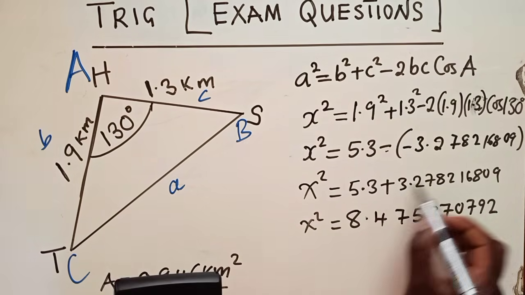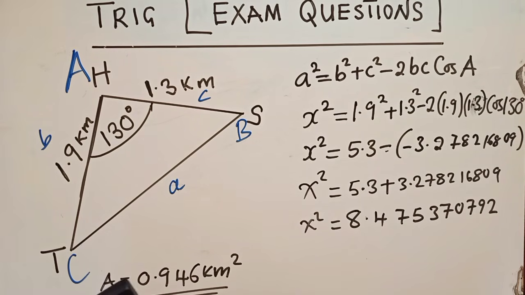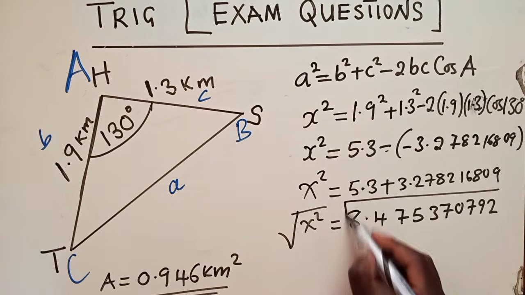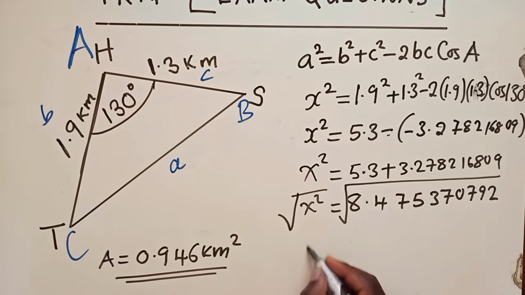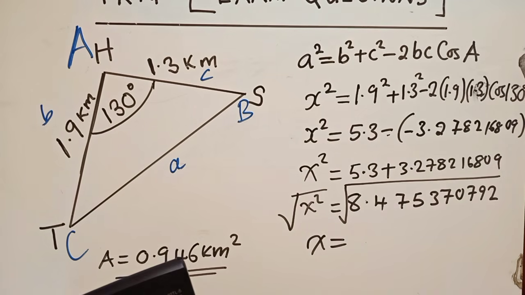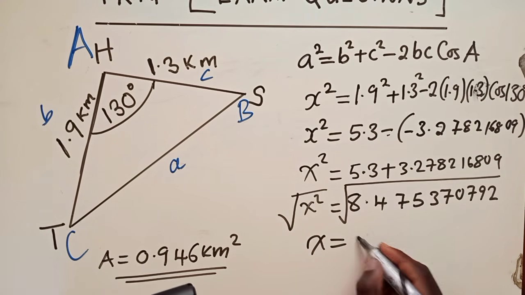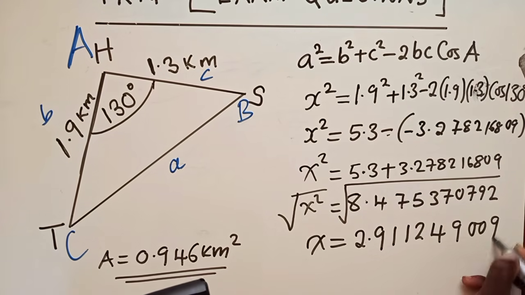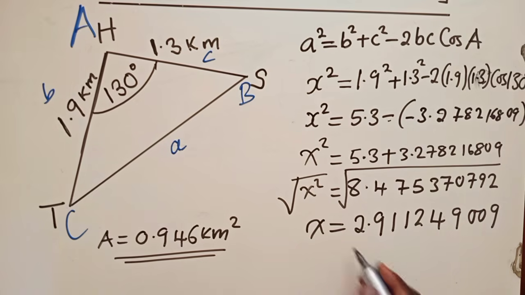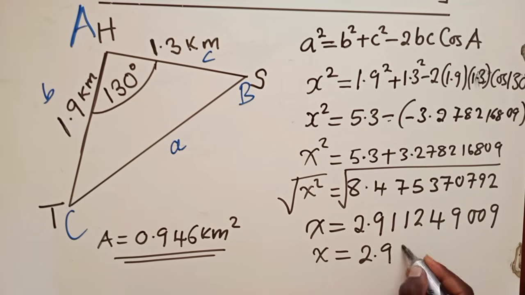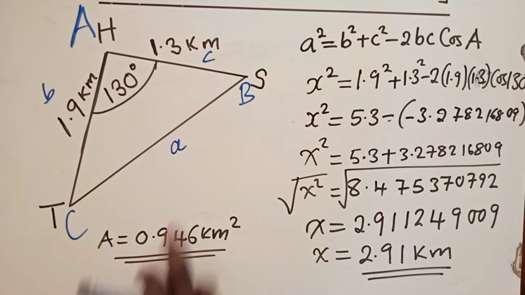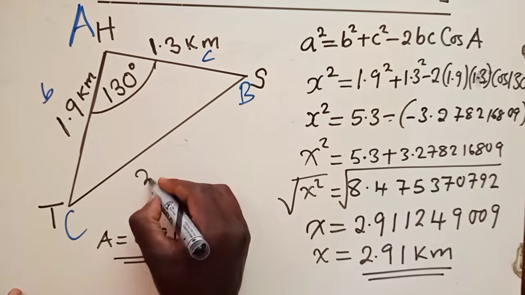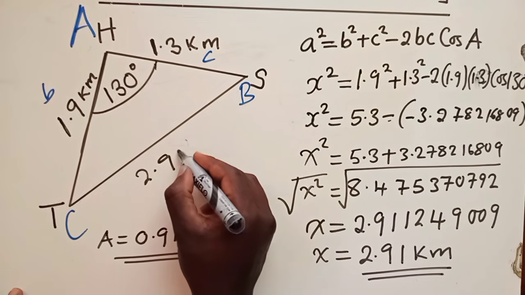So this is what I'm getting when I add here. So next will be to find the square root, because of this power here. So you find the square root, and you remain with the x. What is the square root? It's 2.911249009. This is what we are getting. And finally, you can put it in 3 significant figures. So this is the answer. So we have found the distance here. It's 2.91 kilometers.